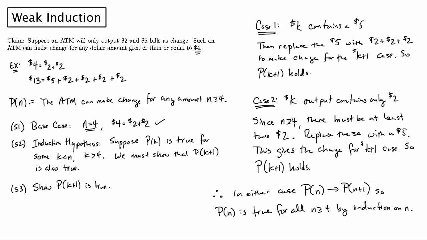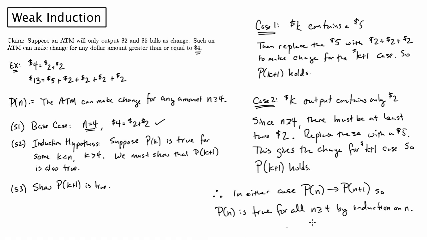Notice we used the base case as a part of case 2, where we knew that since it was greater than or equal to 4, then in the base case we have at least two 2s that we could replace with the 5. So the base case showed up here as well. And in both cases we were showing that Pk plus 1 holds. So for all values of k up to n, we've got Pn implies Pn plus 1.